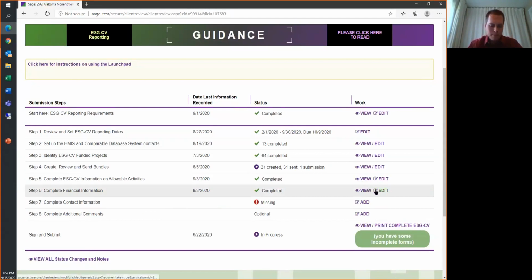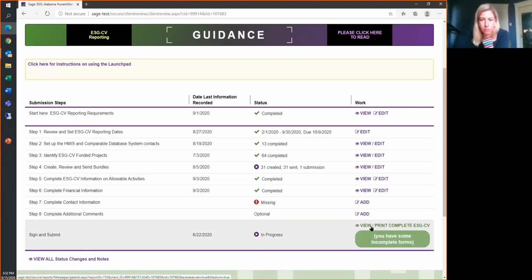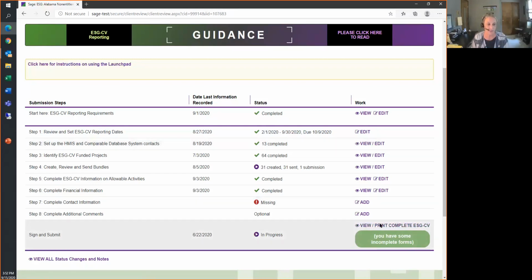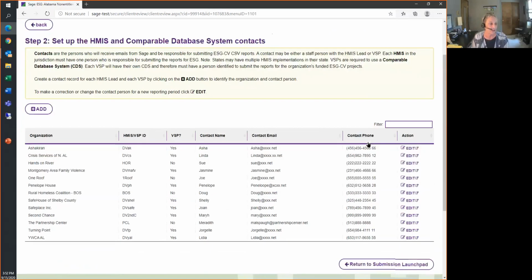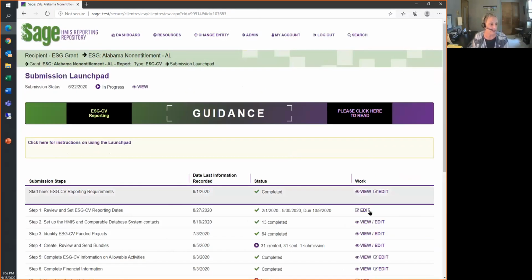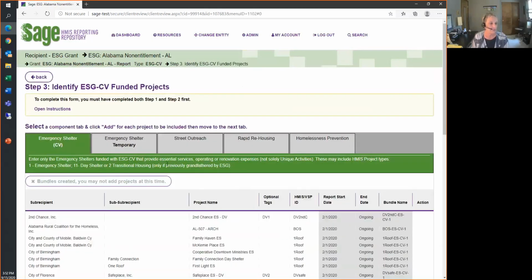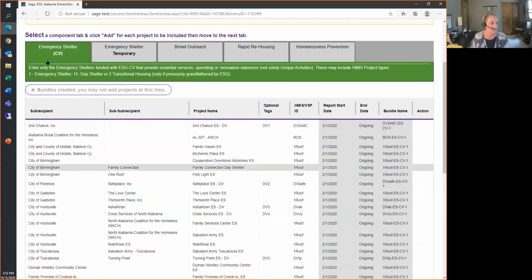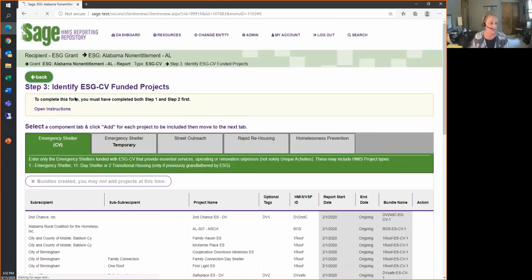Okay. So on the print, I'm not sure what she wants to print. If before you submit it to HUD, you want to print and see what came in or what you said, you can use this view print option here. If you want to actually look at a bundle that came in, oops, went to the wrong screen, sorry. If you want to look at an actual bundle that came in, you know, the bundles that you sent from that screen.